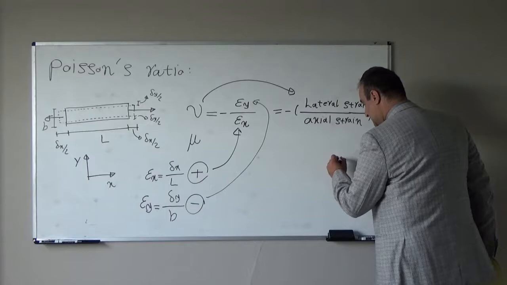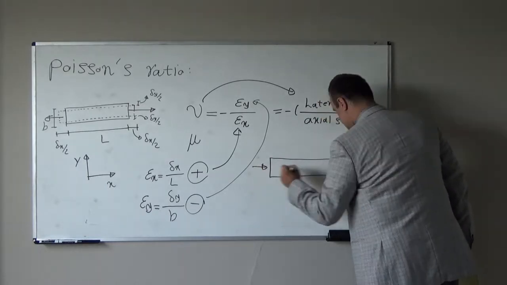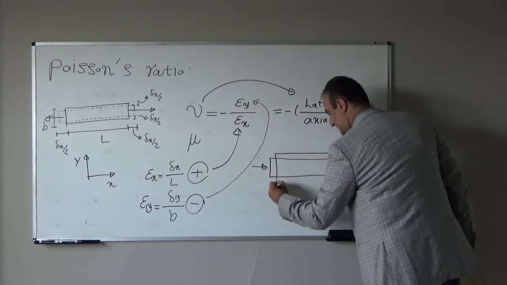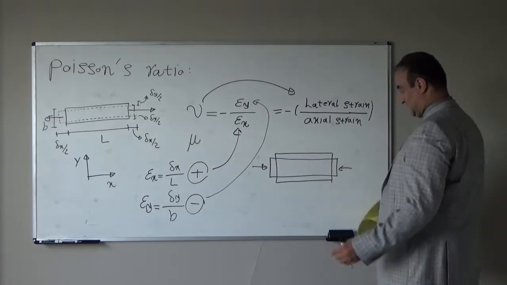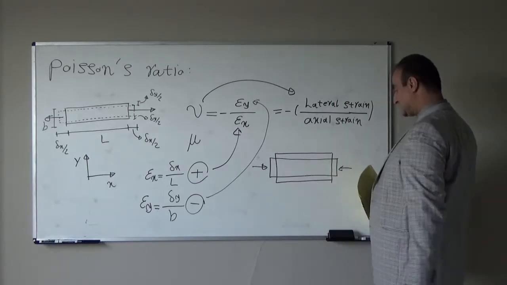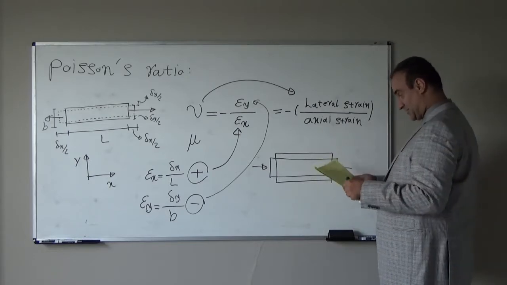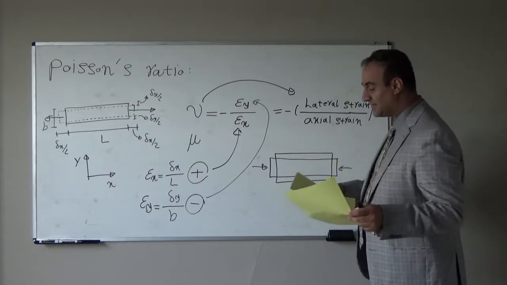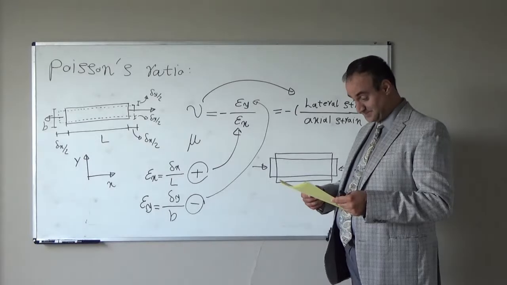So after deformation, it will be like this: length will decrease in the axial direction, but will increase in the lateral direction. Ordinary engineering material usually shows this kind of behavior.